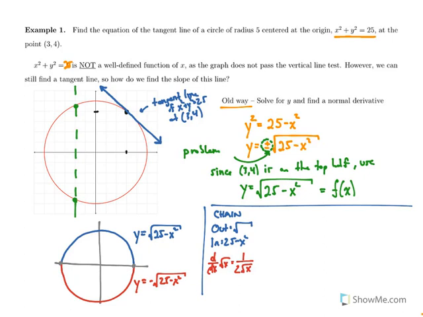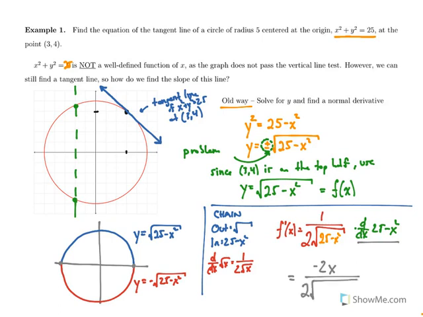And this is going to give us 1 over 2 square root of 25 minus x squared, times the derivative of 25 minus x squared, which in total is going to give us negative 2x, that's the derivative of 25 minus x squared, over 2 square root of 25 minus x squared. So this is how we could find the derivative, and we could find the tangent line from that point.